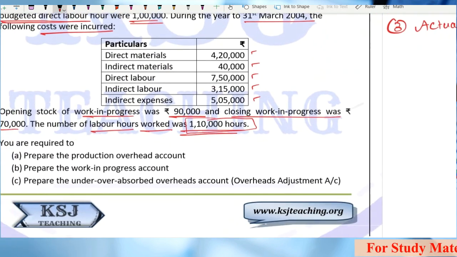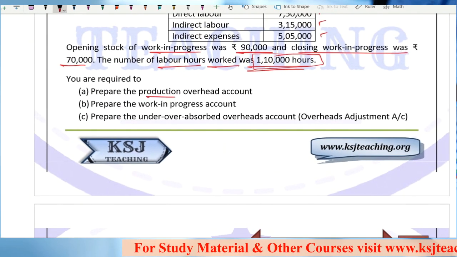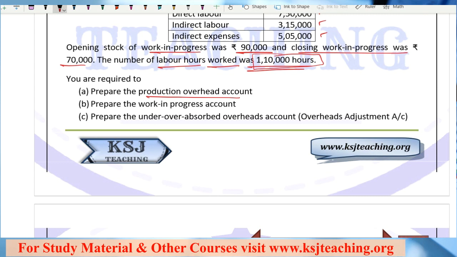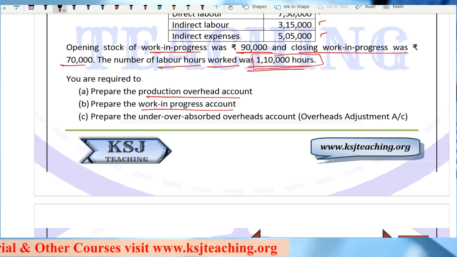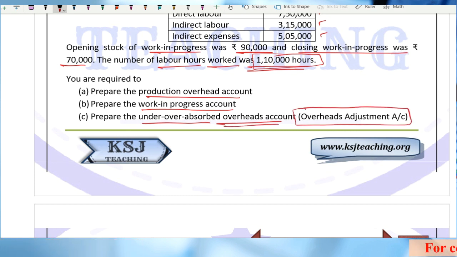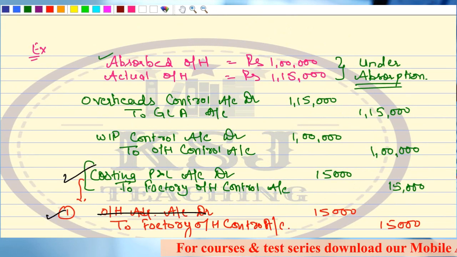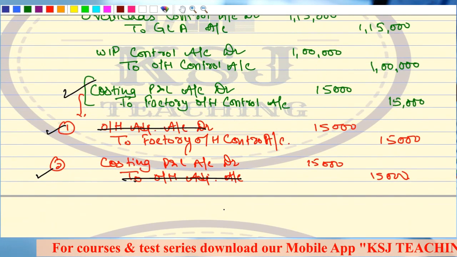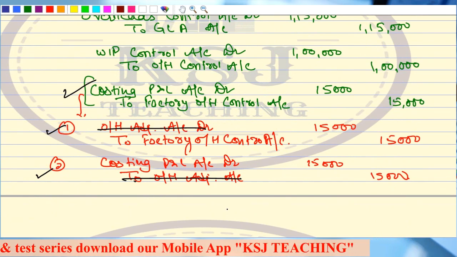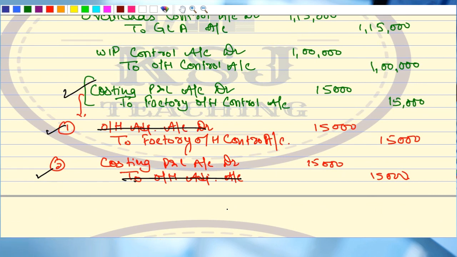Now, the question says you are required to prepare the production overhead account, the WIP account, and the under over absorbed overheads account, that is the overheads adjustment account. Now remember, in the last lecture I told you about this overhead adjustment account. See this entry, the last one, the overhead adjustment account to treat the over and under absorption of overheads.